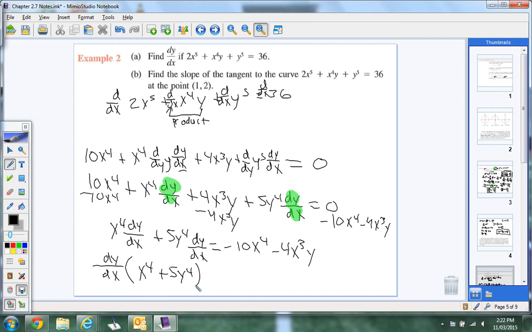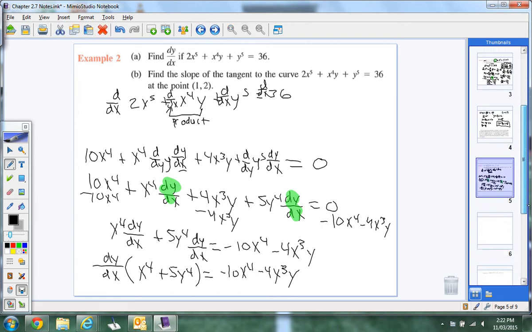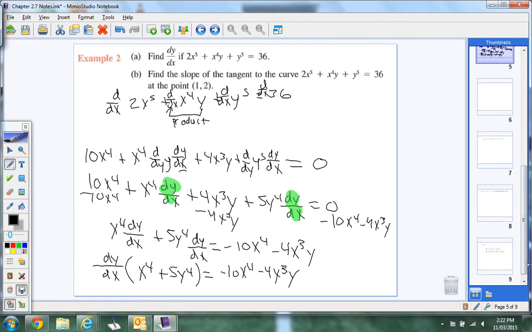Why do we take it out? Because what's that do for us? Yeah, it isolates it. Now how do we get rid of this little chunk here? We just divide it, exactly. So we'll just divide this guy under here now. And I'll do that on the next page. So get that written down. I'll do that here in a second. Just let me know when you're ready.